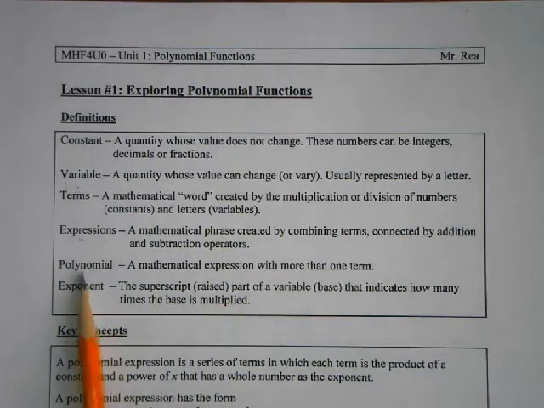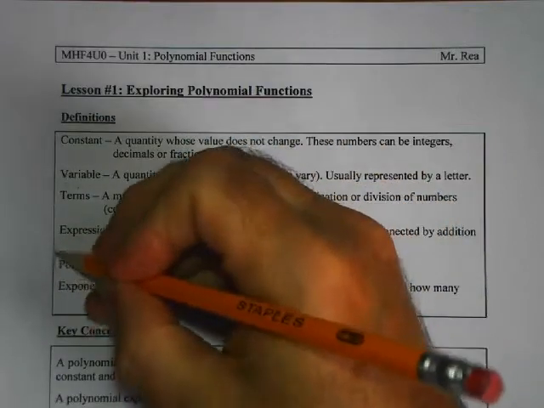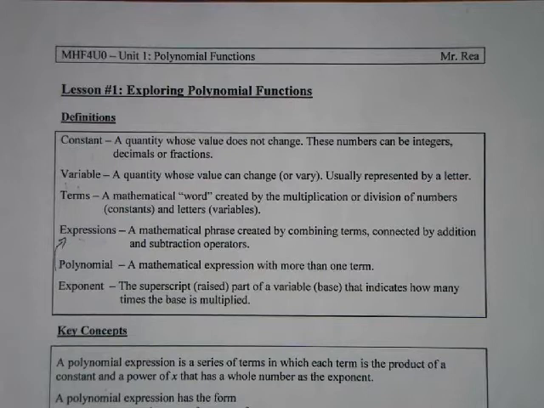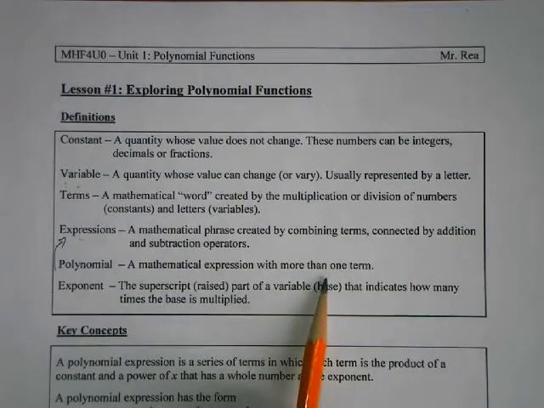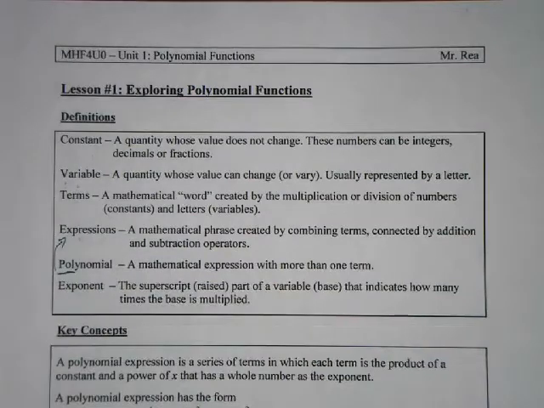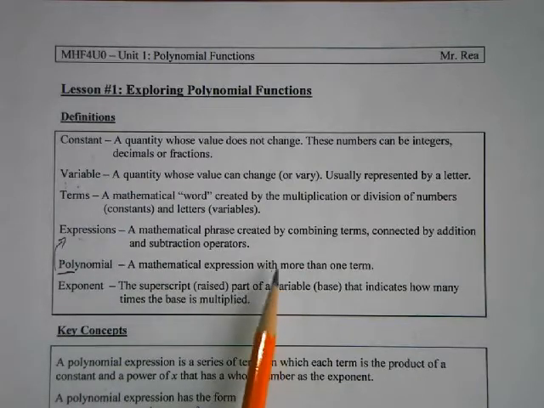A polynomial is really just a more mathematical name for an expression. Now, I don't quite buy into this definition that it has to be more than one term. I know the prefix poly means many, so by definition I guess that's true, but I would consider a single term expression to also be a polynomial, even though by strict definition it's not.